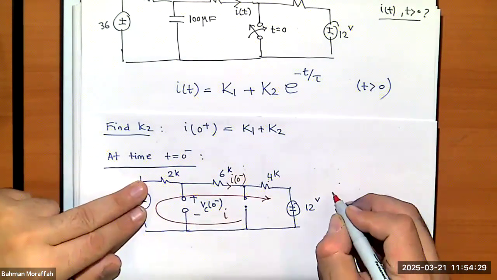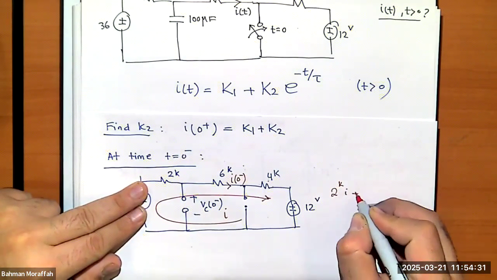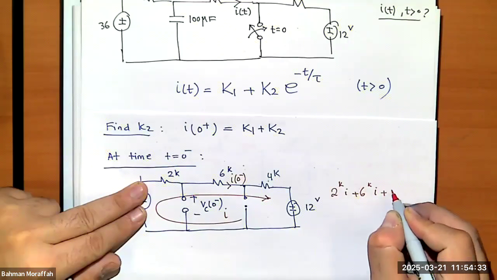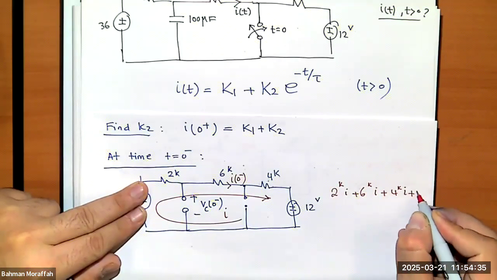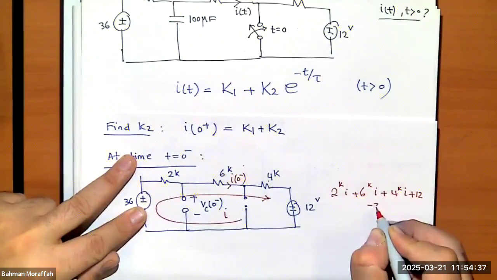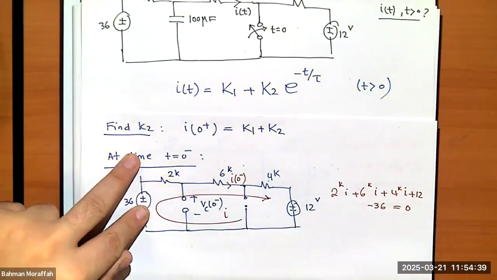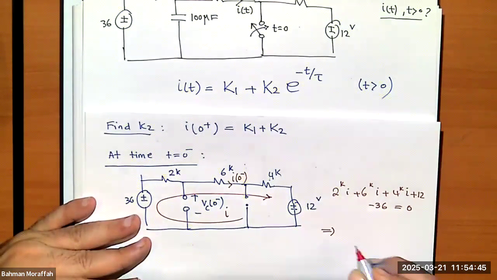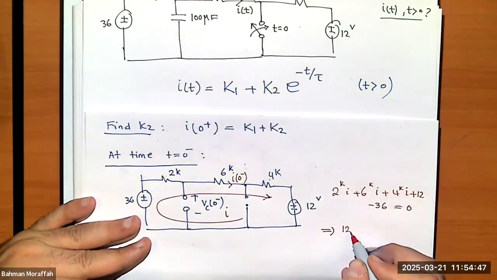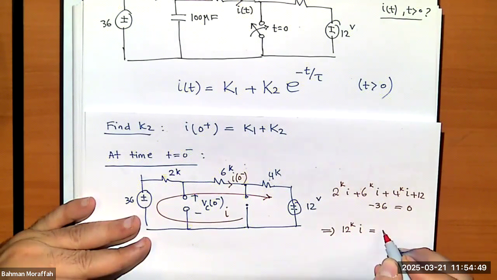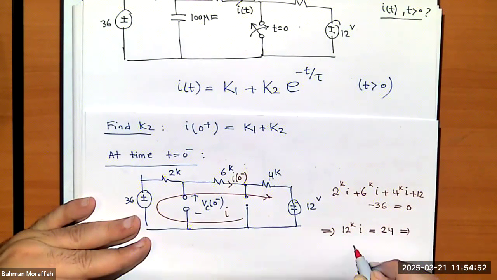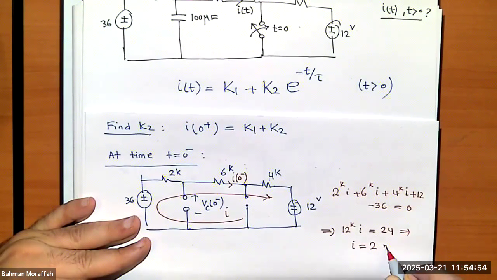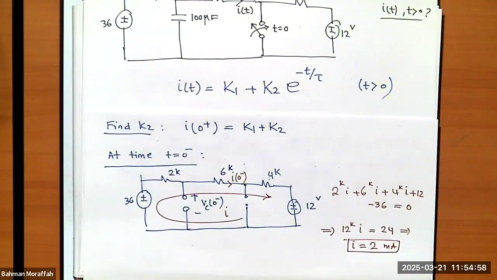What do I have? I have 2I plus 6I plus 4I plus 12 minus 36 equals 0, right? Which tells me 12K times I is 24. Therefore, I is 2 milliamps, right?